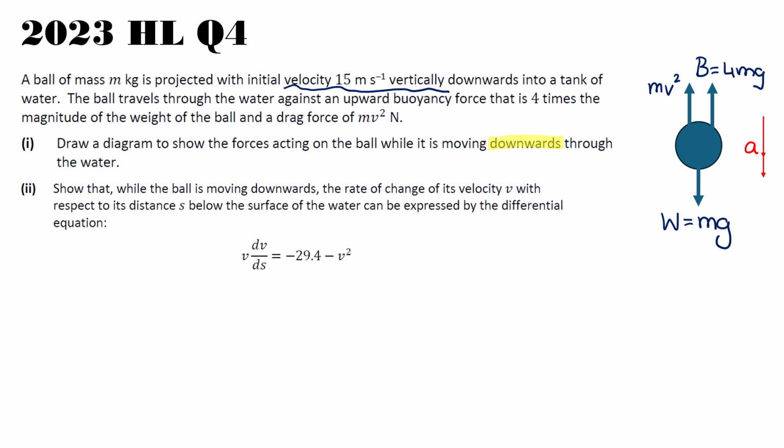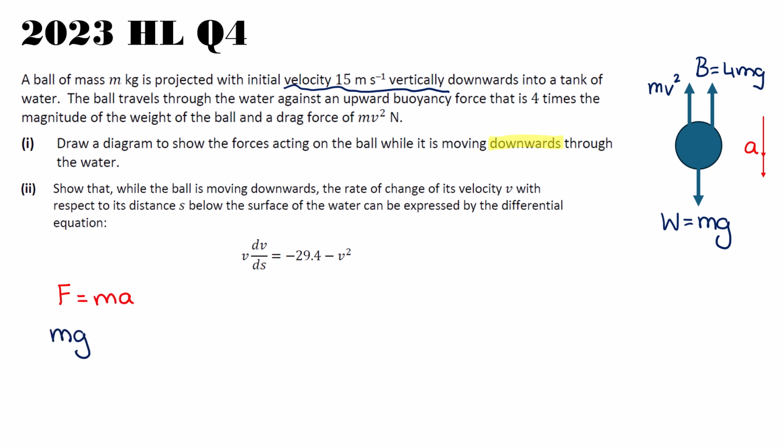So part 2 says to show that while the ball is moving downwards, the rate of change of its velocity with respect to its distance below the surface can be expressed as this differential equation. So again, all we're focusing on is F equals ma. Our movement is downwards, so we take downwards as positive.